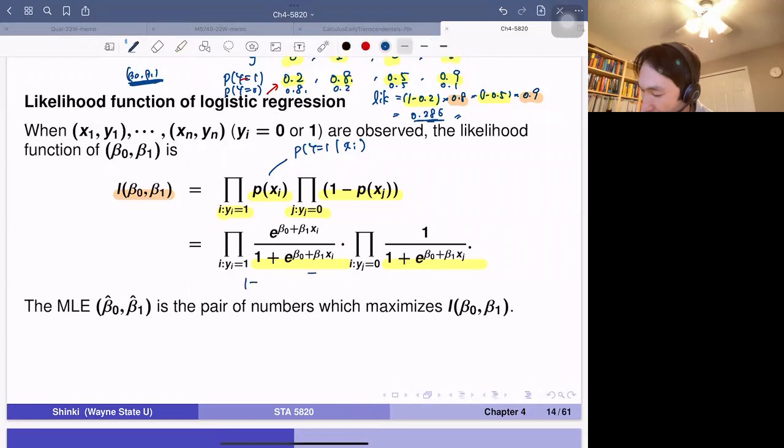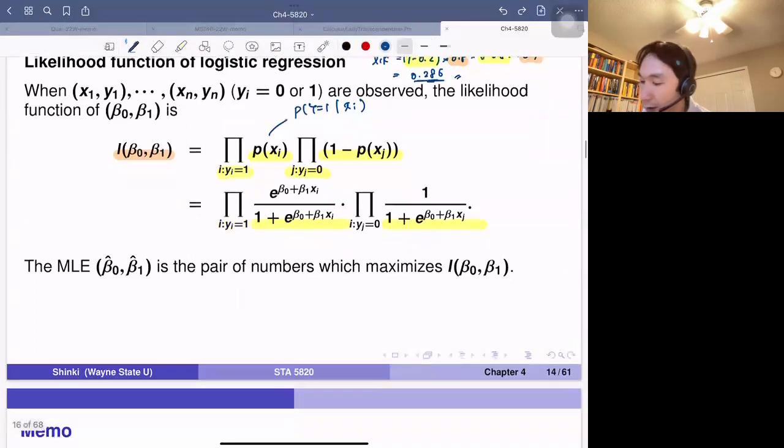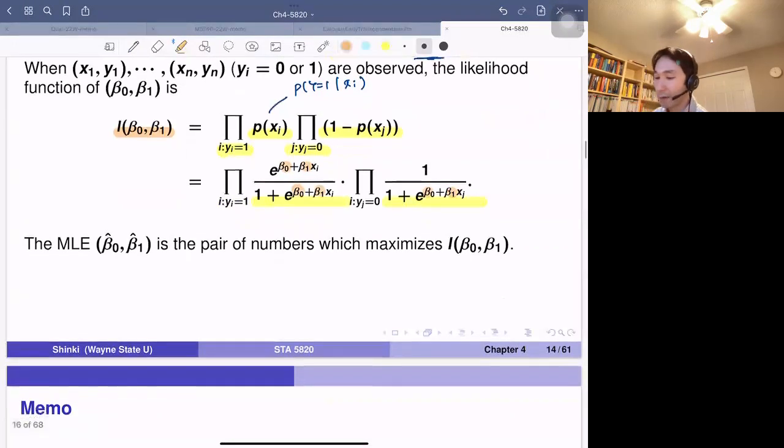The 1 minus this entire quantity becomes this. So this is the likelihood function, clearly a function of beta naught and beta 1. It's a very complicated, nonlinear function of beta naught and beta 1.